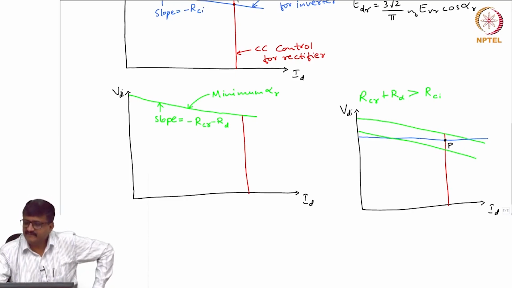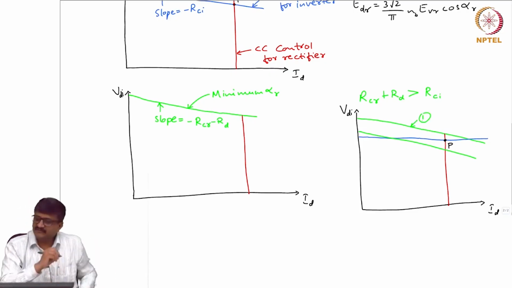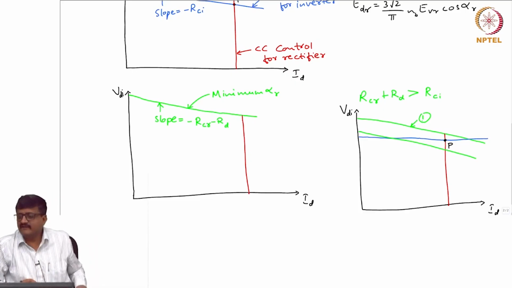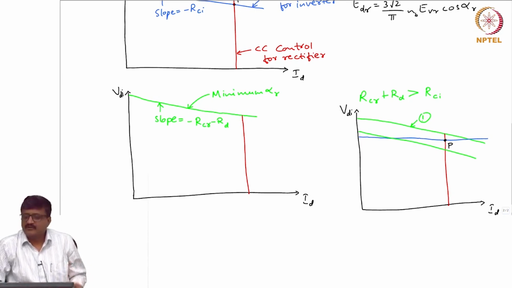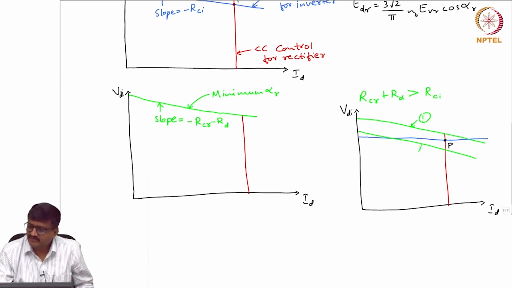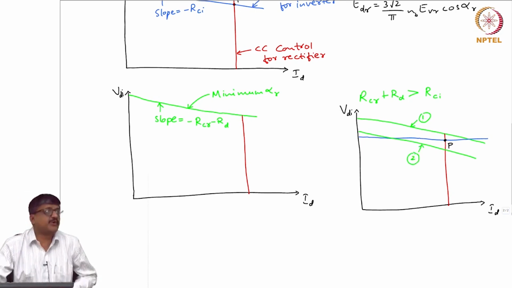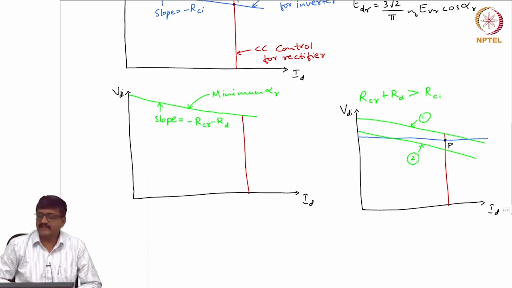Earlier, with the first minimum alpha R, the point of operation was P. This first minimum alpha R is not even deciding the point of operation. The point of operation is decided by the CC control of the rectifier and CA control of the inverter. Now, when I have a reduced voltage on the AC system of the rectifier side, the minimum alpha R has gone down.